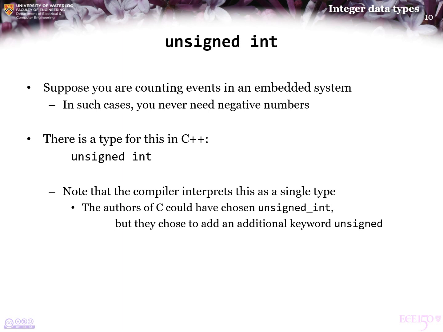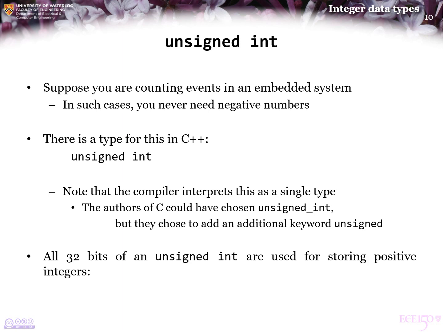Note that the compiler interprets these two separate keywords as a single type. The authors of C++ could have used a type such as unsigned underscore int, but instead they chose to add an additional keyword unsigned, and consequently, if the keyword unsigned appears before int, this is a type that is slightly different from int.